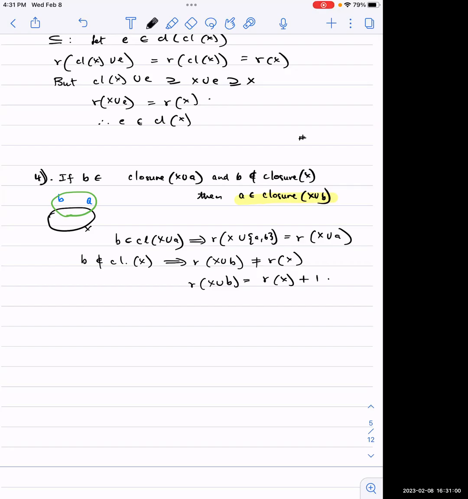And there's actually a little lemma happening here that I could have pulled out earlier: the rank of X union B is the rank of X if X union B is dependent, or the rank of X plus 1 if X union B is independent. So it'll just go up by 1. This is a little lemma that I'm using.